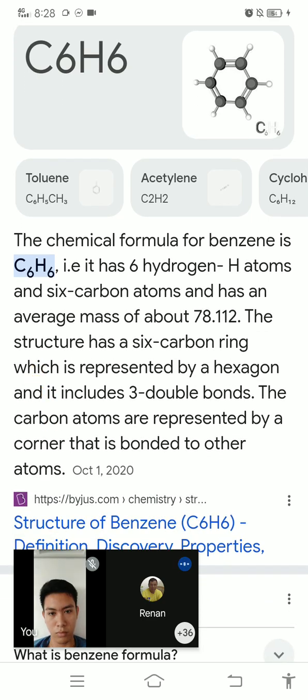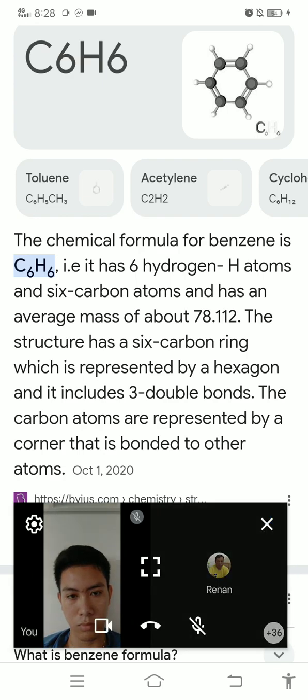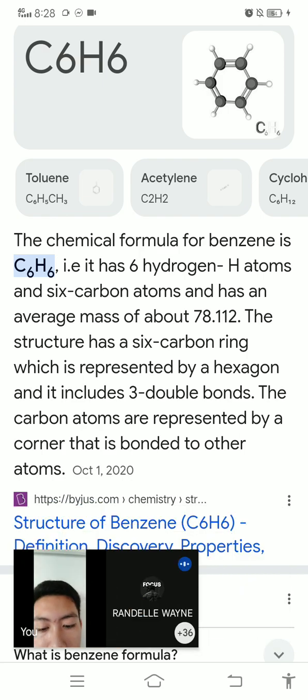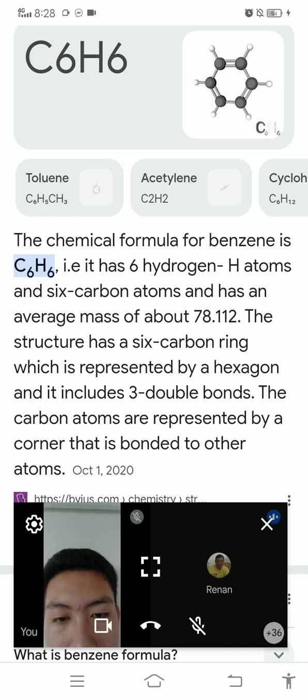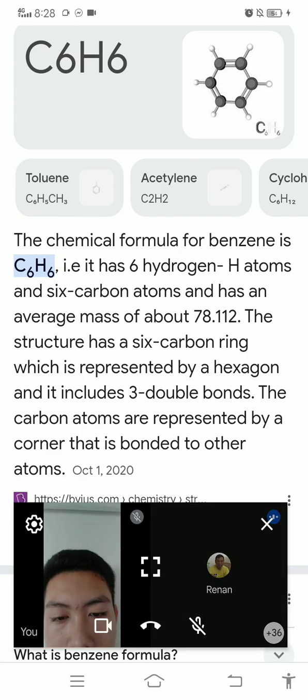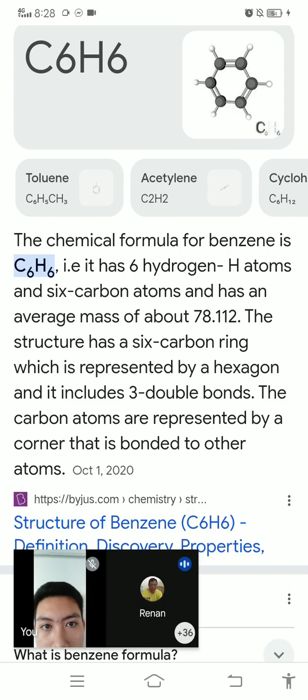It is in fact a hexagon, correct? Yes, sir. Now, if it is a hexagon, it's also characterized by some bonds. So if you draw a hexagon, a six-sided polygon, what do you add to the diagram?